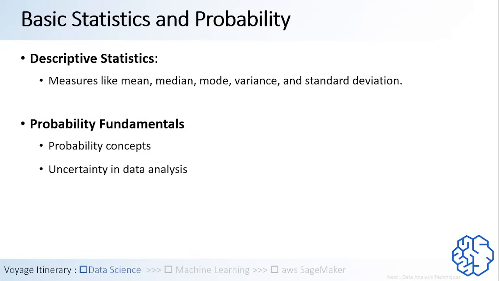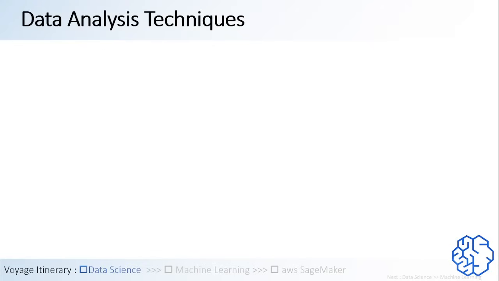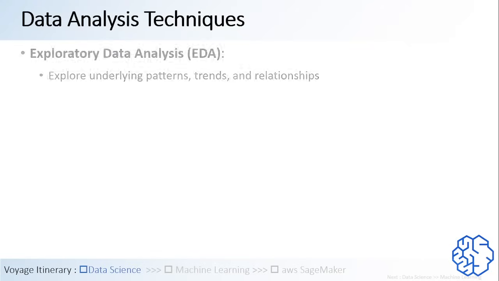Now let's move on to the next thing, where, once we have these tools with us, we want to understand the different techniques to understand our data. That is data analysis techniques. In the machine learning world, you will hear a word called exploratory data analysis, and I think the word itself is very self-explanatory.